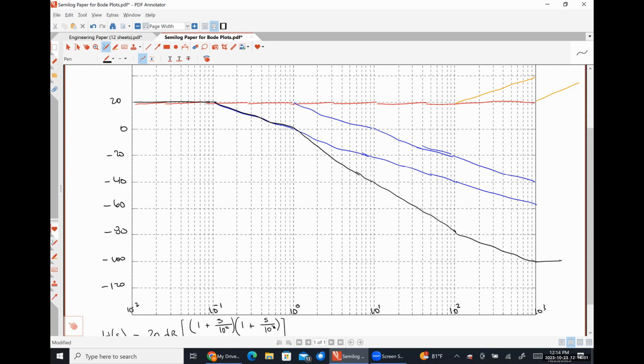What does a negative frequency mean? The exact same thing as a positive frequency does. So our signs here really don't make any difference whatsoever. The signs are only going to affect our system's stability or instability. But from a perspective of a Bode plot, it doesn't matter in the least.